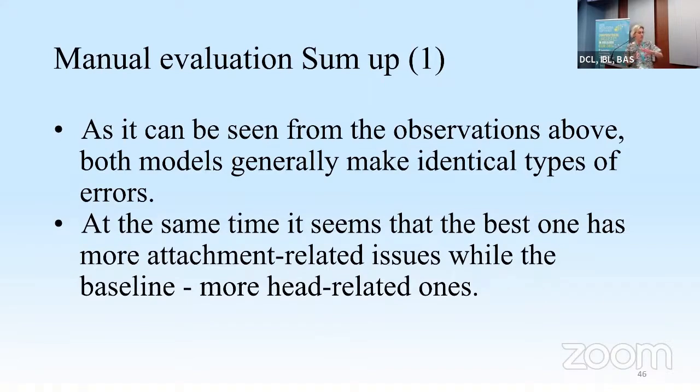Just to summarize, as can be seen from the observations above, both models generally make identical types of errors. At the same time, it seems that the best one has more attachment-related issues, while the baseline has more head-related issues. Of course, they can cross, but this is just what we have from the data up to now.